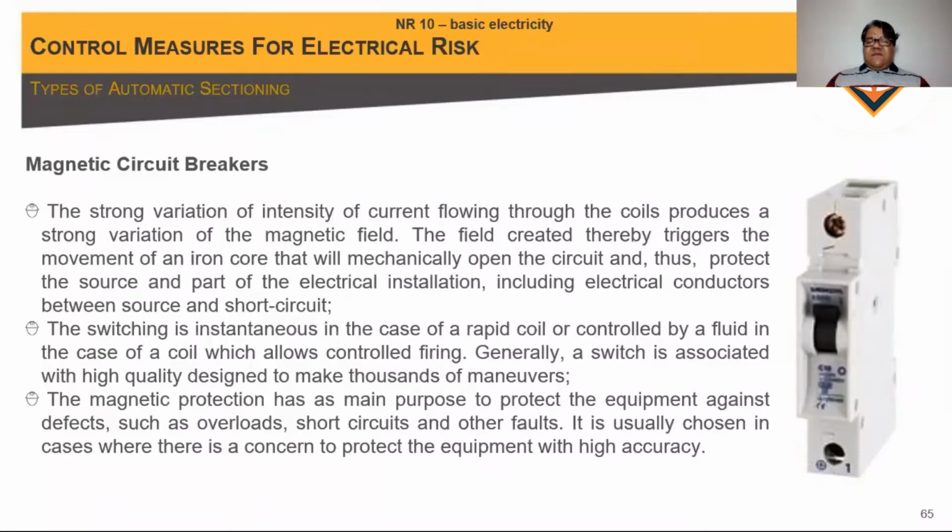The switching is instantaneous in the case of a rapid coil or controlled by a fluid in the case of a coil, which allows controlled firing. Generally, a switch is associated with high quality design to make thousands of maneuvers.